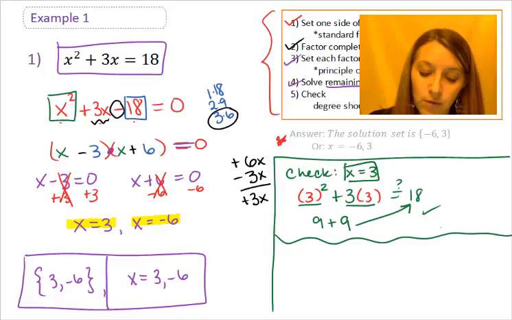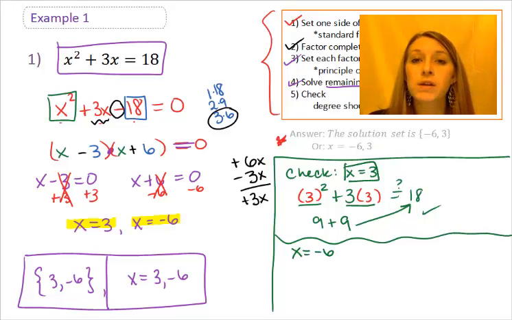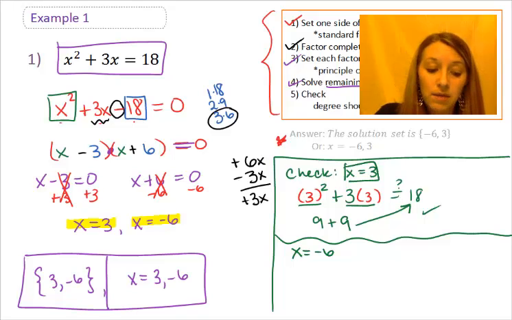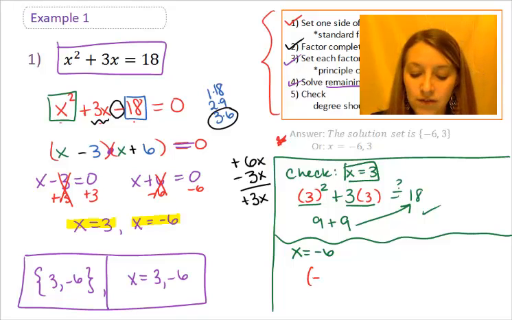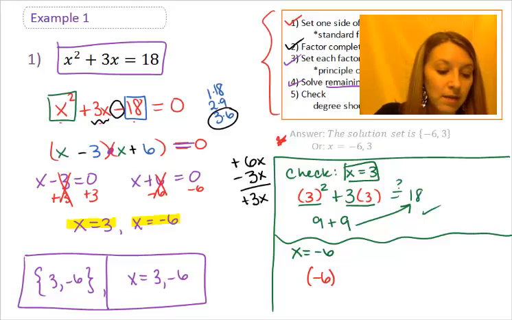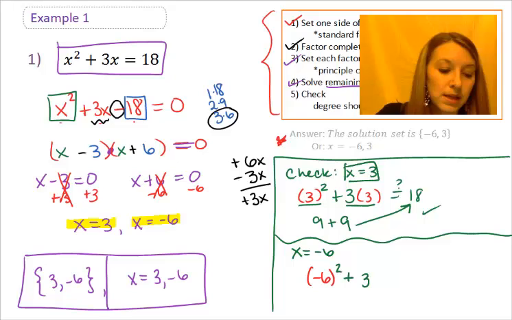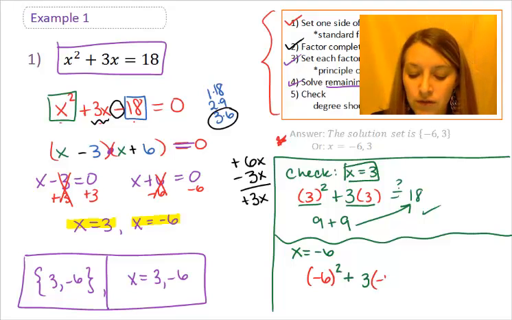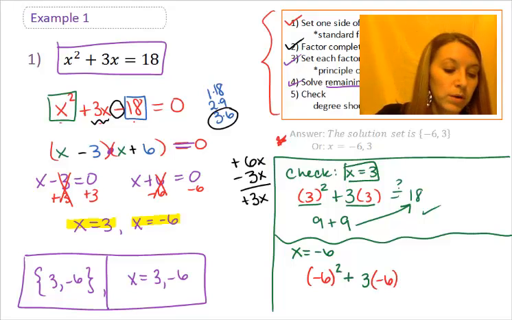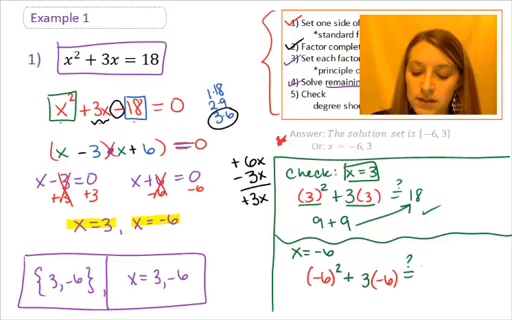Now let's check the other one. Here we're going to check if x is equal to negative 6, if that works out properly. Plugging it back in, first I have negative 6 to the second power plus 3 times, again, inputting my x value of negative 6. And one more time, we're asking ourselves, does that equal 18?